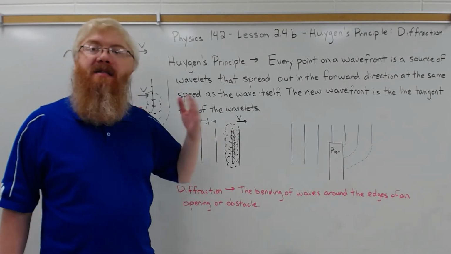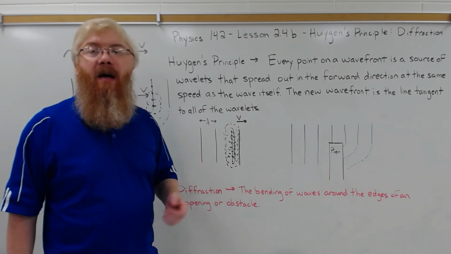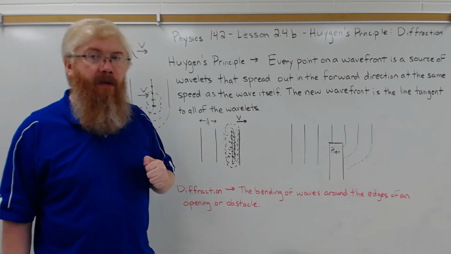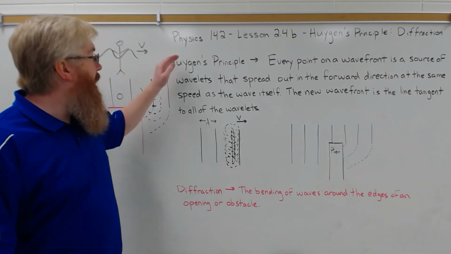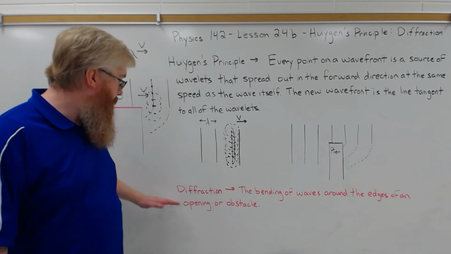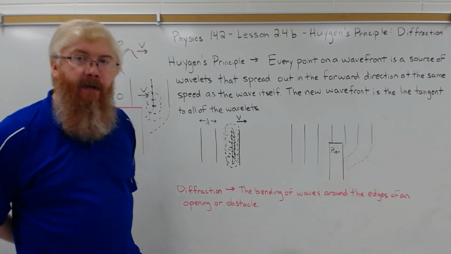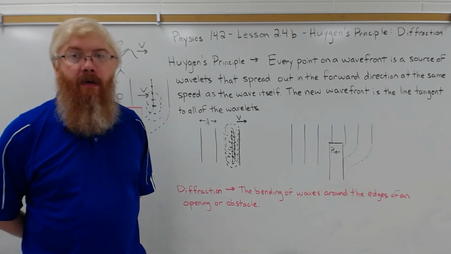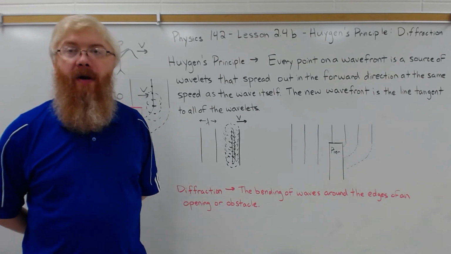Light does this, sound does this, water waves do this. Waves in general all follow Huygens' principle. And that allows us to understand how those waves bend around the corners. So again, diffraction is the bending of a light wave or a wave in general around a corner or an edge of an obstacle.